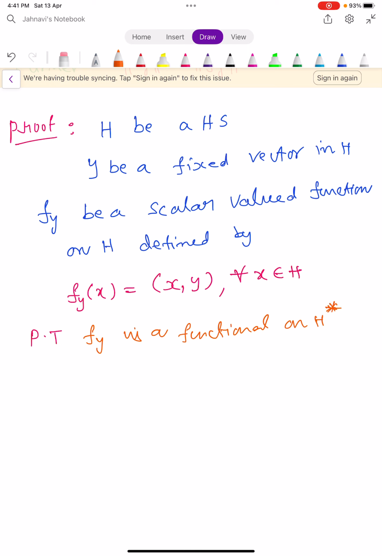Functional means it is a continuous linear transformation defined on capital H into C.